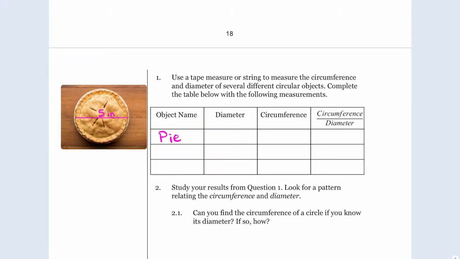So it's a pretty small pi. Okay, so we're going to say that the diameter is 5 inches. And you also know that the circumference of said pi is, give me 1 second here.